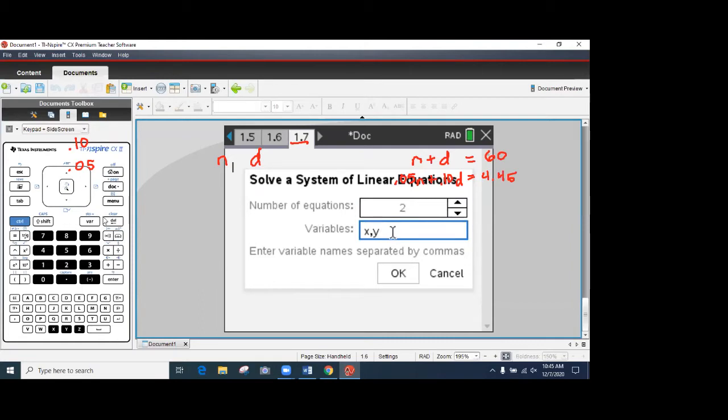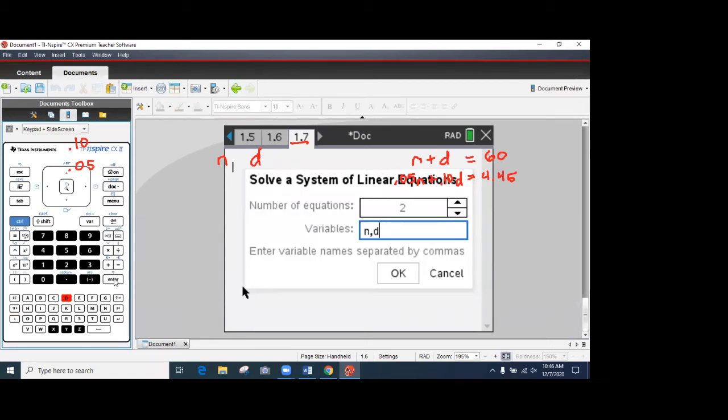N and D. So I'm going to delete these and put N, comma, D. All right, we're getting rid of the X and the Y. N, comma, D. Okay, now just hit enter. It doesn't matter if it's capitalized, as long as when you type it in, it's also capitalized, it's good.